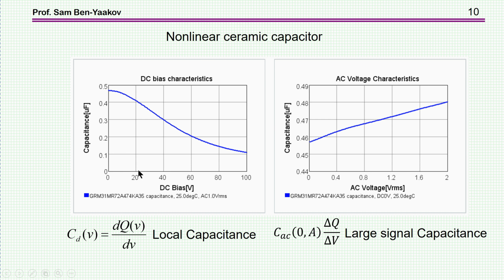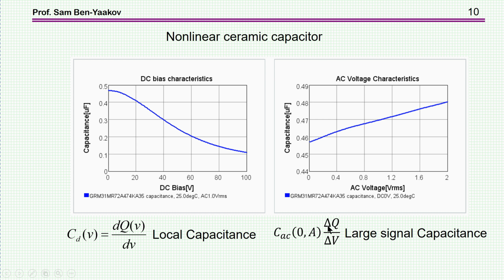And this is for different values of DC bias, starting from 4.7, then it goes down and down, and as we have said, it goes to a fairly low value, to 0.1 microfarad, starting from 0.47.